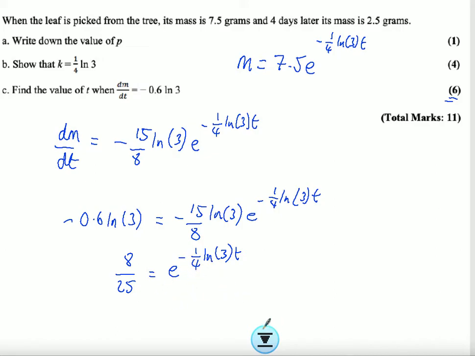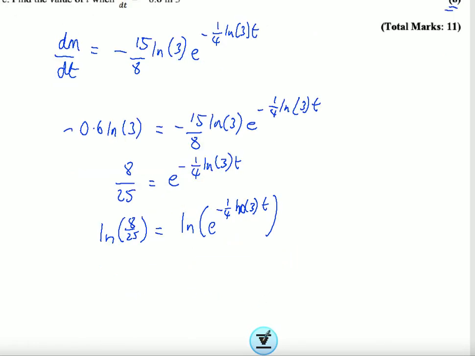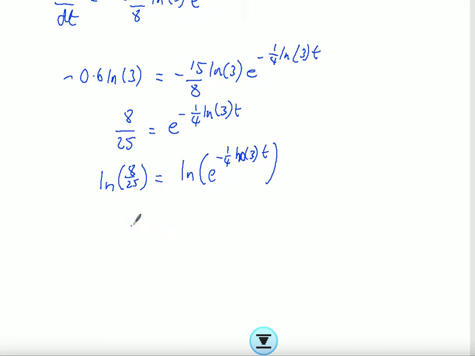Take lns of both sides, so we can bring that horrible looking thing down. So ln of that is equal to ln of ln 3t. So the ln and the e cancel out, and then it's just a case of finally rearranging it.